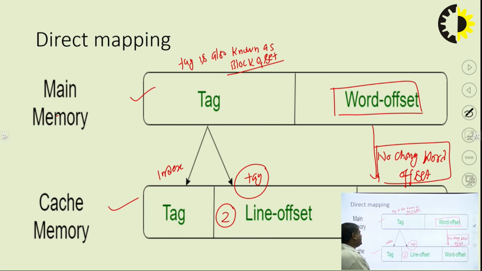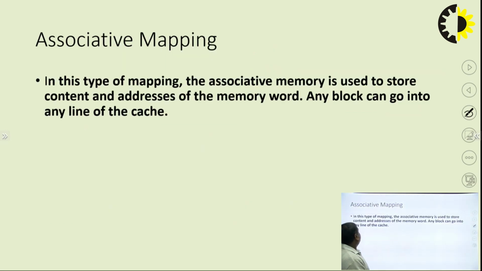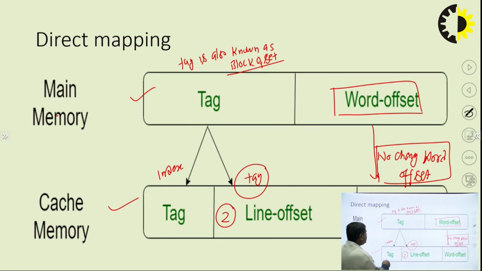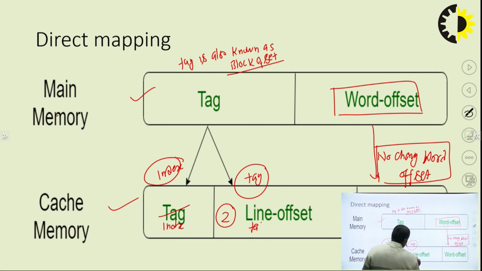And what is the index? Index is the total number of blocks in the cache memory. This concept is known as the index, and this concept is known as the tag. So the tag represents the number of blocks.